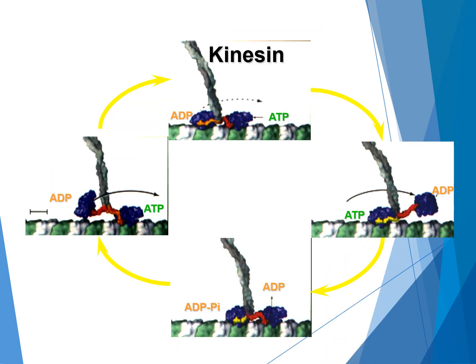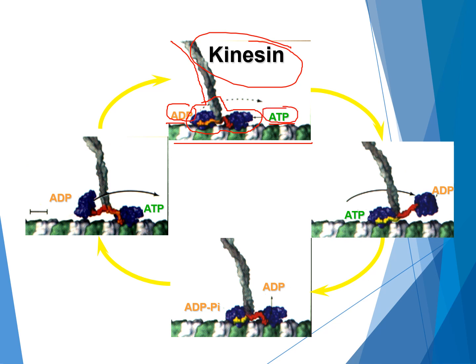This is the cycle of kinesin, how it's actually gliding on the microtubule. Here is the microtubule, here is the kinesin shaft, and here is the motor head. If you can see here, the movement is controlled by the conversion between ATP and ADP.